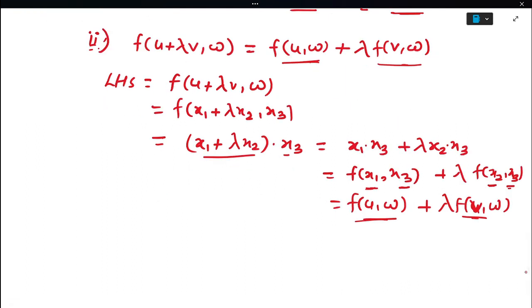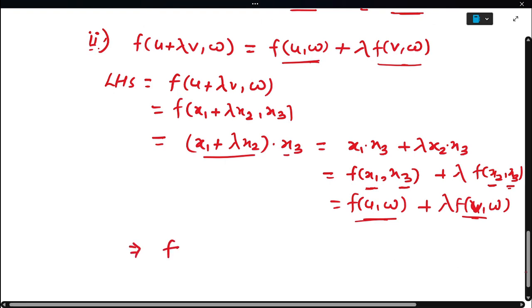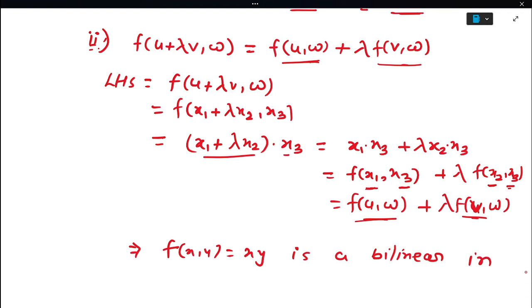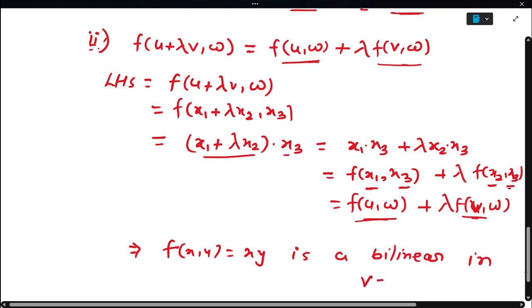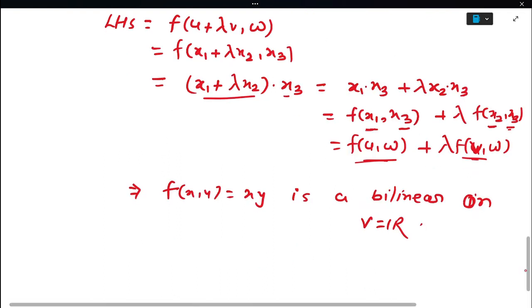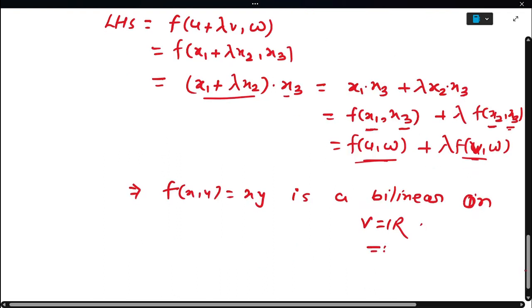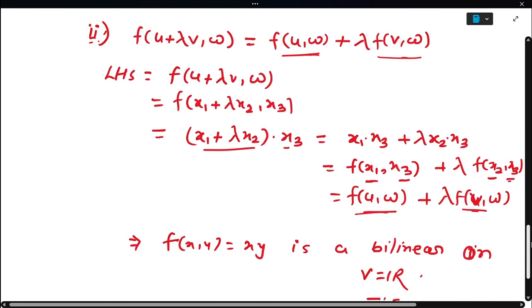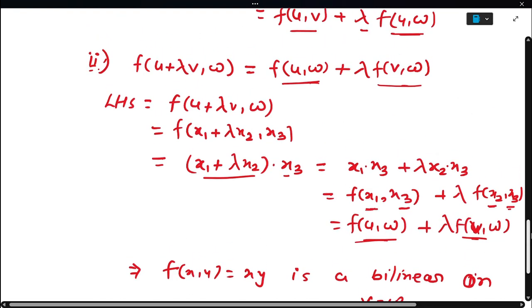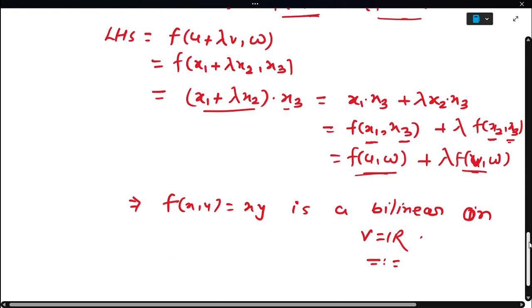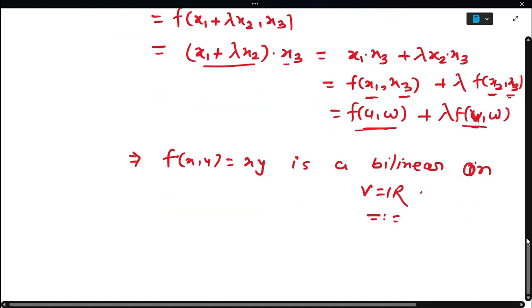Okay, hence this will imply f(x, y) equals xy is a bilinear form on V, where V is R. Okay, so we have proved this, and we will see some examples and some types of bilinear forms in the next lecture. Okay, thank you for watching.